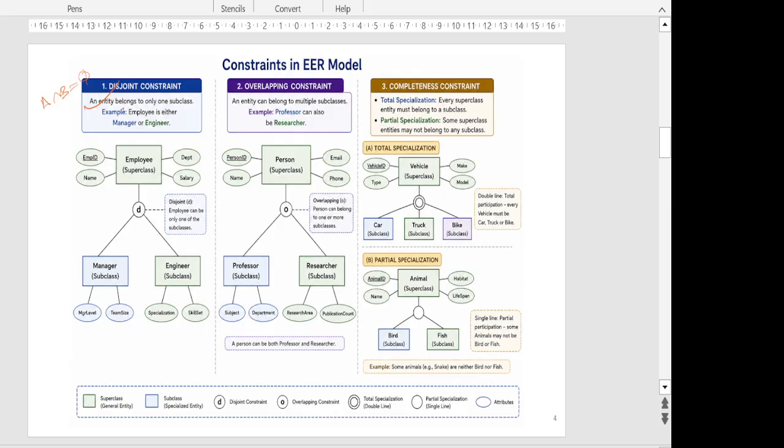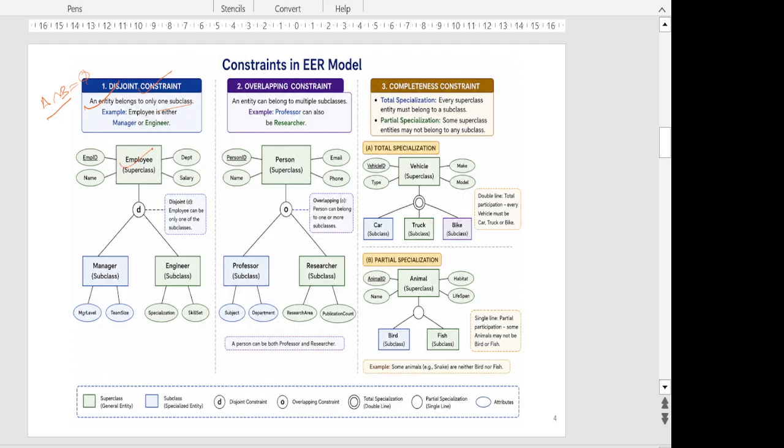That means an entity belongs to only one subclass, not both. If I satisfy A intersection B equal to phi, it definitely belongs to either set A or set B, not both.